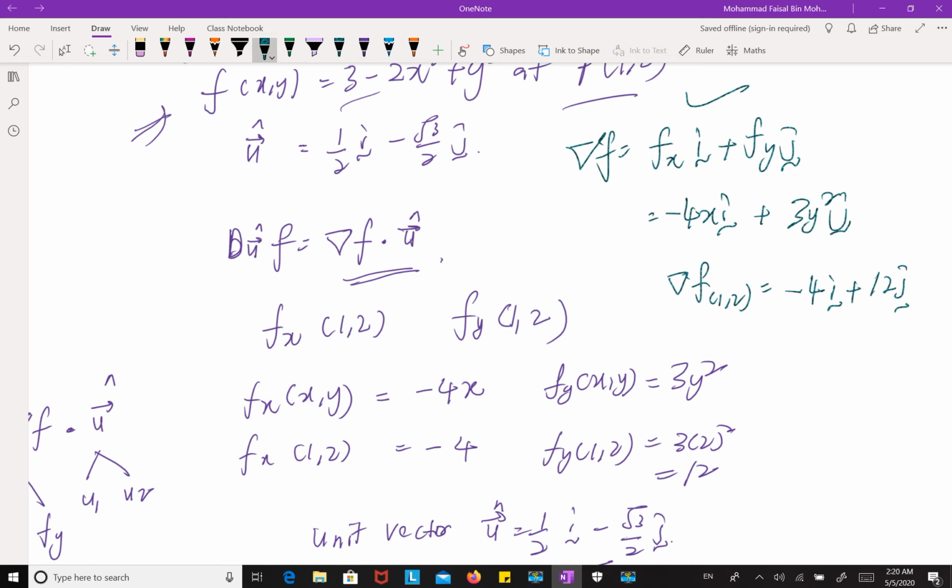So the direction of the maximum directional derivative del f will be negative 4i plus 12j. So this is the maximum directional derivative.